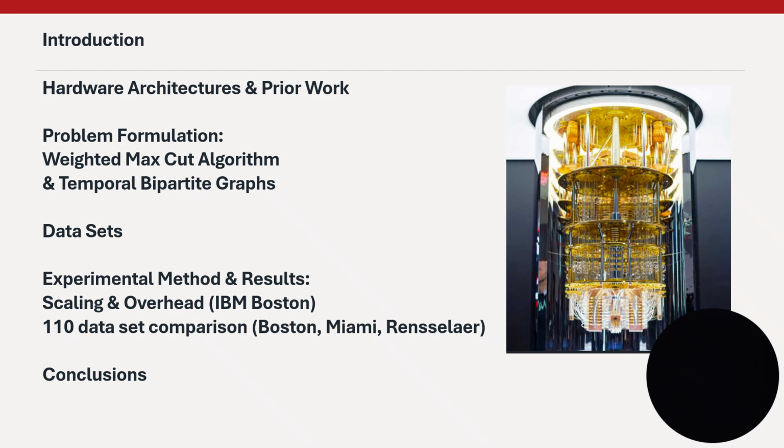We're going to be looking at scaling and overhead for several different types of IBM quantum architectures as part of a hardware feasibility study. For more details, I will refer you to our full paper in the conference proceedings and the references which I'll be citing throughout today's talk.